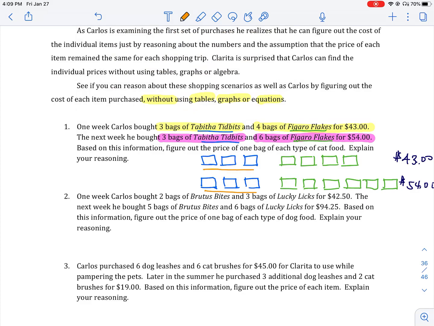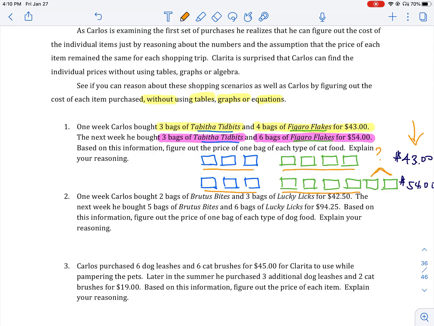3 and 3 are the same. And 4 and 4 are the same. The question is, how can you figure out the price of these 2 extra ones given the price of that? I'm not even going to tell you how to do it, but I'm trying to give you a hint.